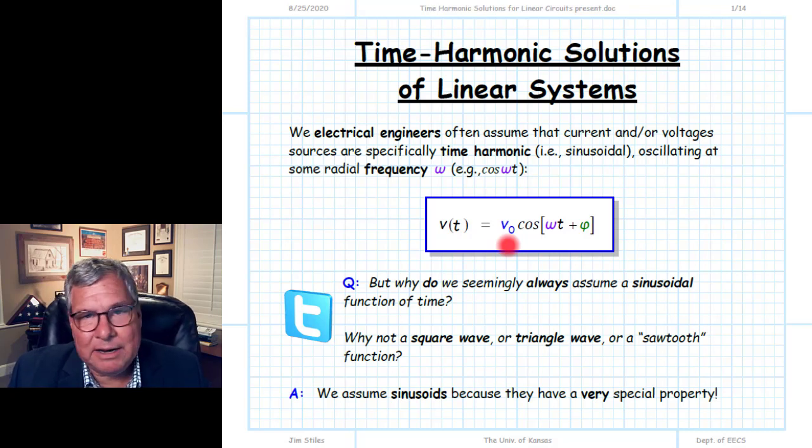So we have three constants that define this sinusoid, and every sinusoid that we're going to use in this class. The magnitude, which is a positive real value. Omega, and we're going to assume what we call physical frequencies here, so omega likewise will be positive and real.